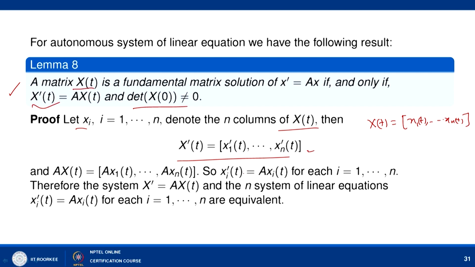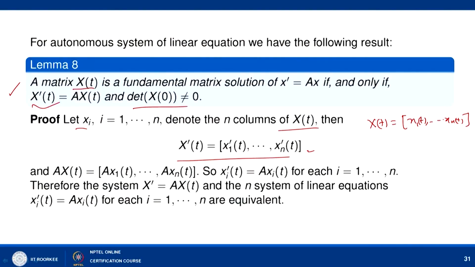Please observe here, finding the derivative of a matrix and finding the derivative of a determinant are two different things. In the derivative of a determinant you have to write it as a sum of n determinants, and in each one you are finding the derivative of one row, but in case of a matrix, the derivative of the matrix is nothing but the derivative of each entry at a time.